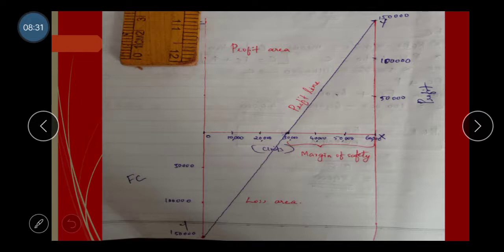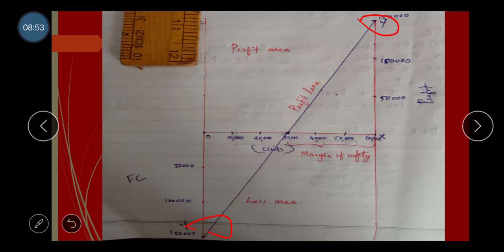The profit and losses at different levels are plotted and the points are joined by a line called the profit line. So here you are drawing the profit line. The profit line is plotted from the maximum profit to the maximum loss. Maximum loss means your fixed cost.